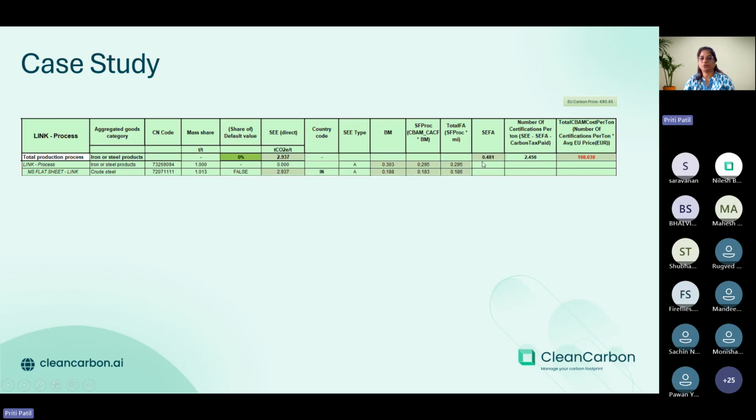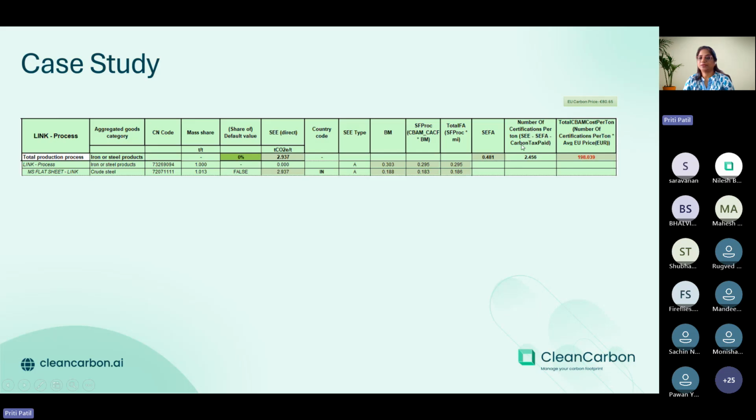And total of these two is 0.481. This is your SEPA. For this particular product, one portion is coming from the product's free allocation, another portion is coming from the precursor's free allocation. Total of these two becomes 0.481, which is the product's final SEPA.